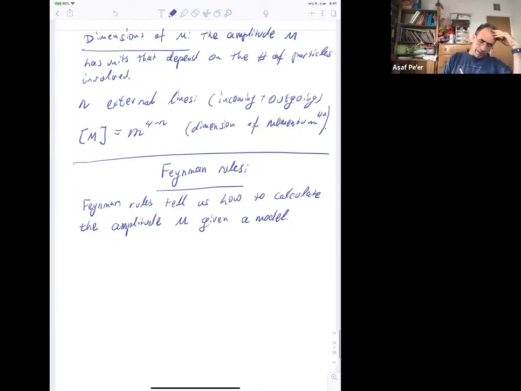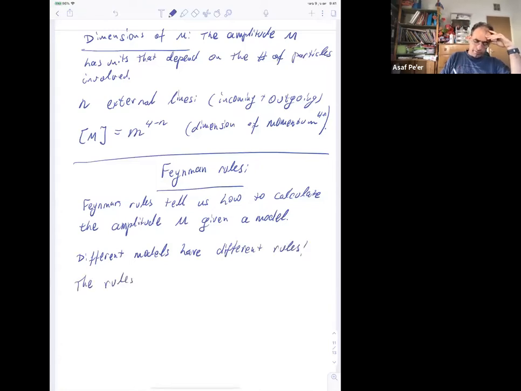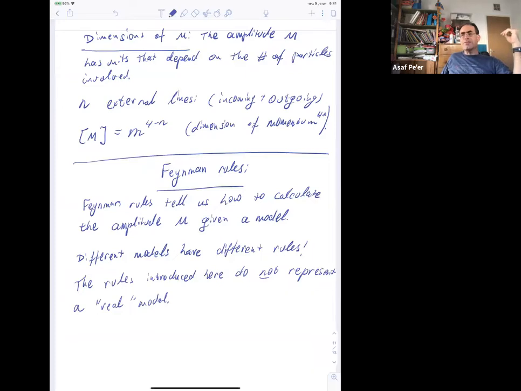The rules introduced here do not represent a real model, but as you're going to see, they are very similar.